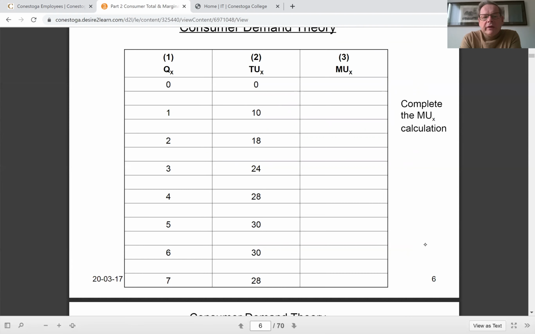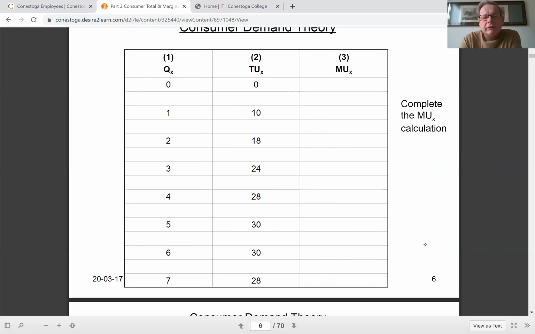Finish consuming the second item, our total utility goes to 18. Finish the third item, it goes to 24, and so forth. At the fifth unit, our total utility is 30. We consume one more item and our total utility remains at 30. This means we have maximized our level of satisfaction. If we consume one more unit, our total utility starts to fall.